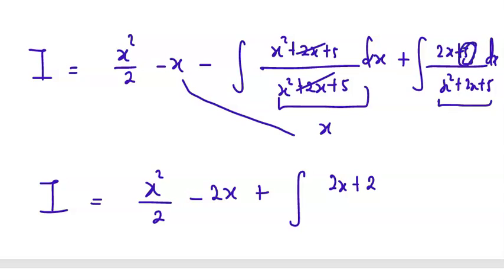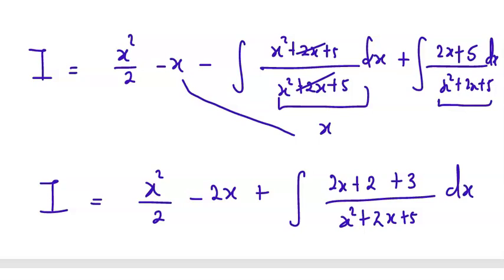This particular place, there is a plus 5. So let me erase it and write it properly. So here we have a plus 5. So we're going to have a plus 3. And then we have divided by x squared plus 2x and then plus 5 and dx.